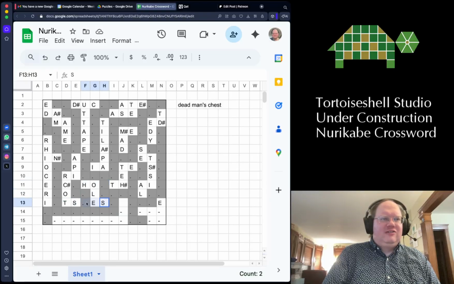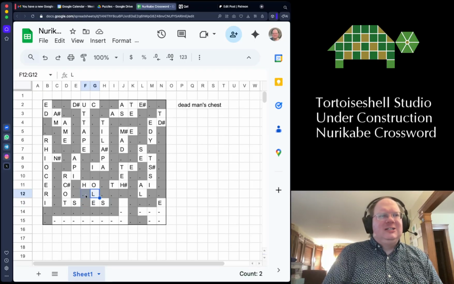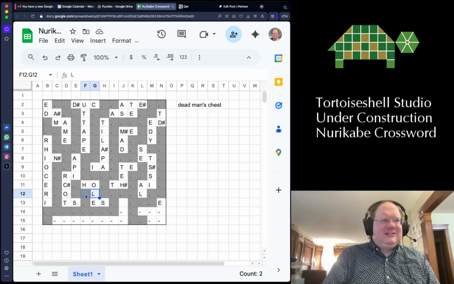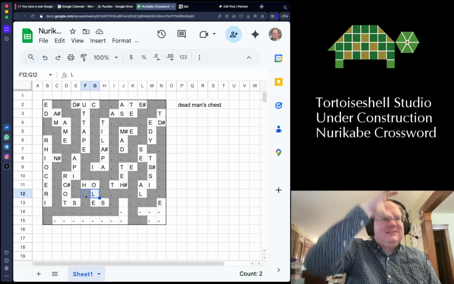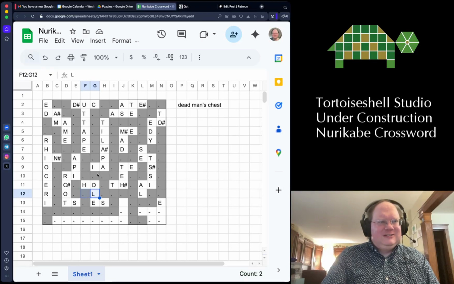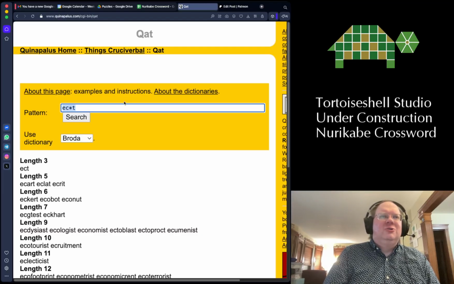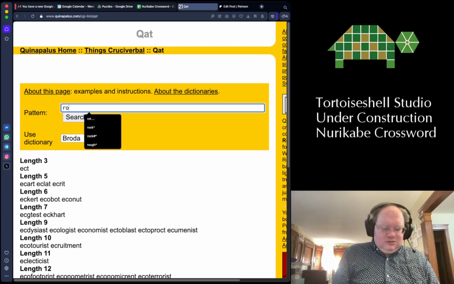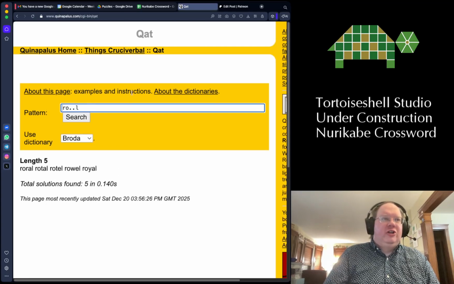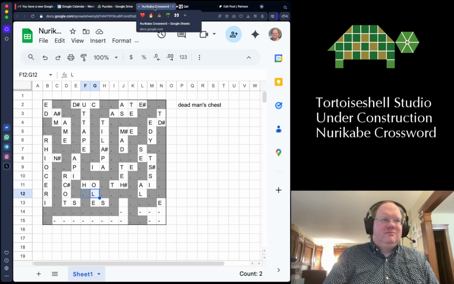Otherwise, we could slide ES over, and the L could also be ambiguous. What do we have for RO? What besides royal? Royal.